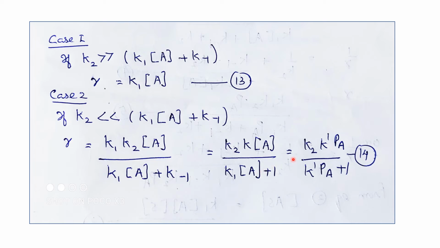That is also equal to K2 K dash PA divided by K dash PA plus 1, where K or K dash is equal to K1 by K inverse 1.